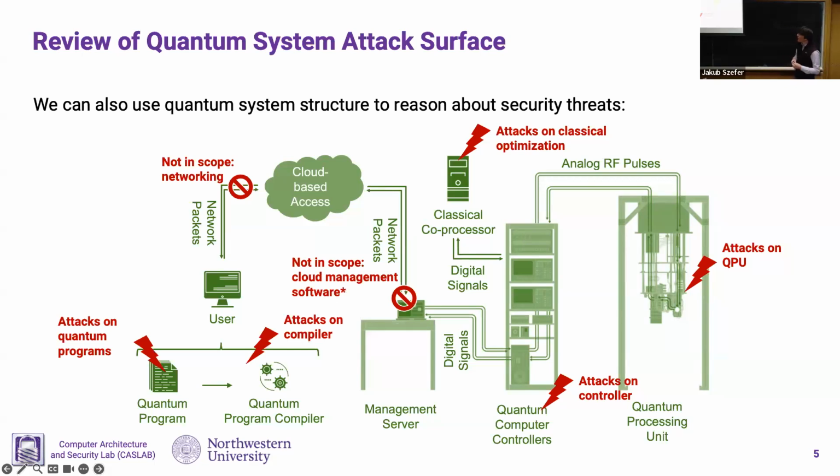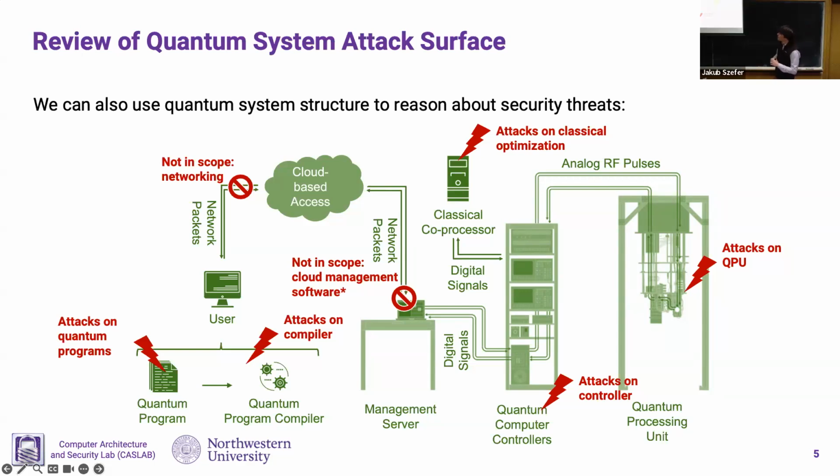When we talk about the different security issues, we usually ignore the networking and the classical software management infrastructure, assuming it's already secured. One small asterisk is that there might be interesting work in analyzing the scheduling. For example, if you want to find out how many quantum computers a cloud provider has, maybe you can look at the way it schedules users to the different machines.